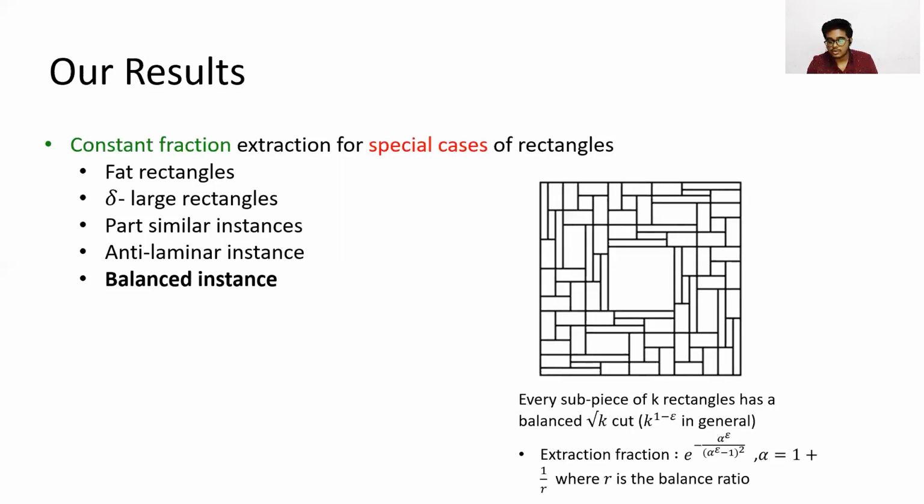For example, when epsilon is half and r is 1, this is an example which is balanced in such a way. Something interesting is that this is the kind of example we came up with for breaking the upper bound of half. It's still not proved whether we can extract less than half or not, so someone else can try.